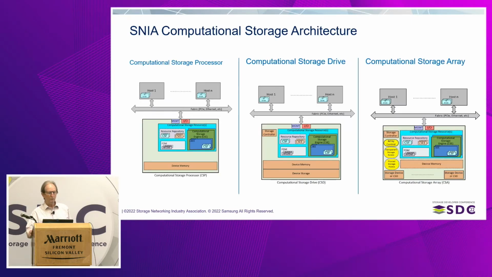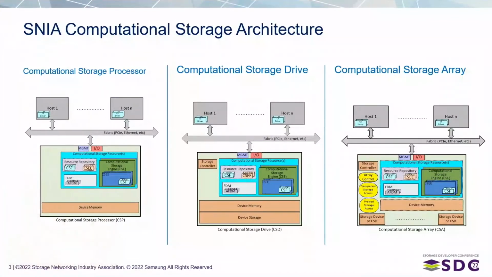Starting out from a SNIA computational storage architecture point of view. If you were here for the Scott and Jason show, you would have seen that there are three different architectural models. There is the computational storage processor that does not have storage actually in it, but is associated with storage.